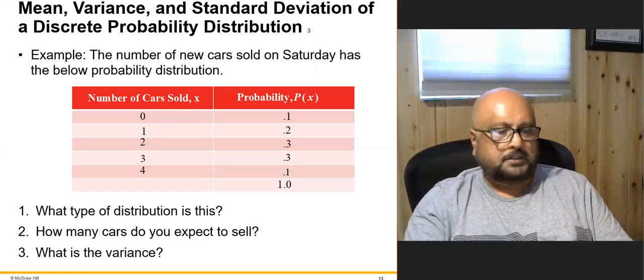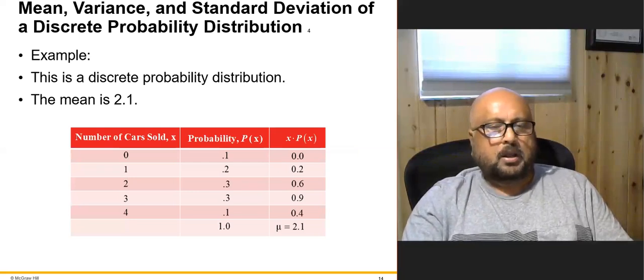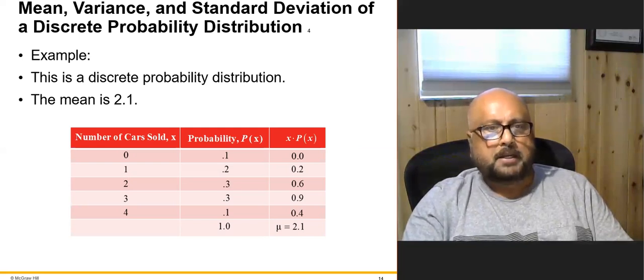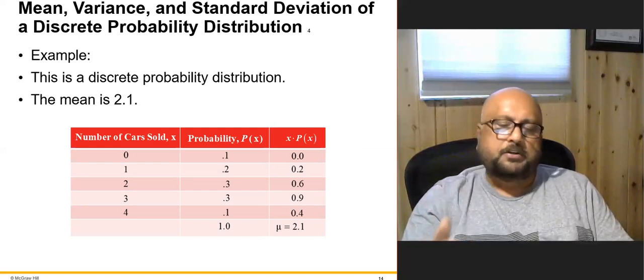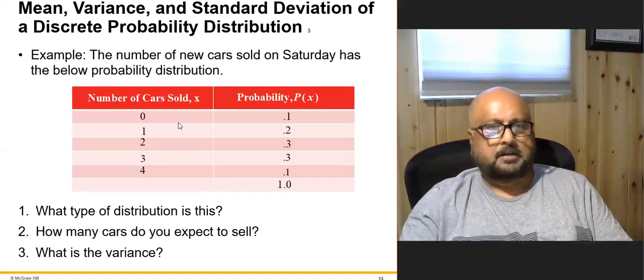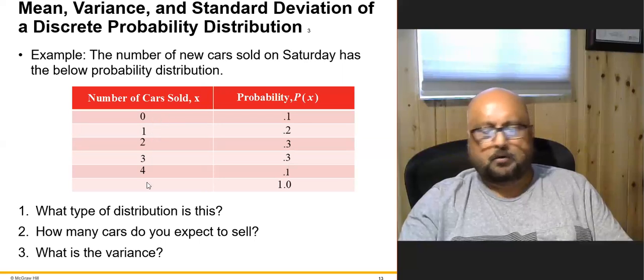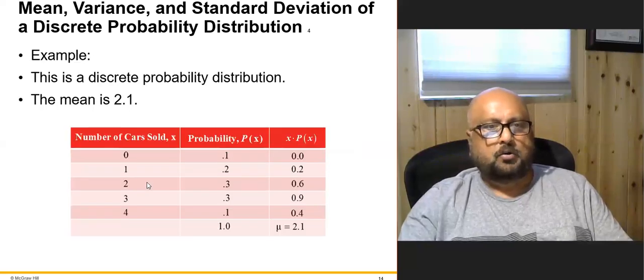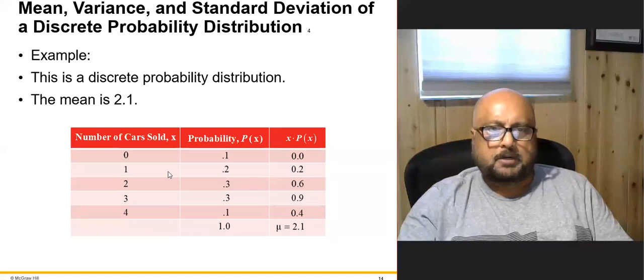So let's look at this. We know that to find expected value or mean, we need to find the probability of each random variable. We have random variables like the number of cars sold: 0, no cars sold, or 1, 2, 3, 4. It depends on how many cars are sold, and we have the probability also.